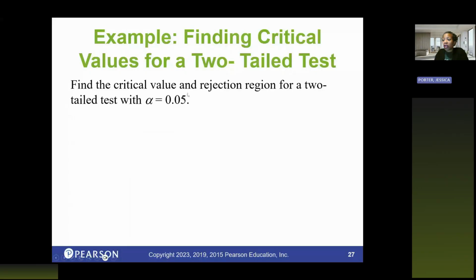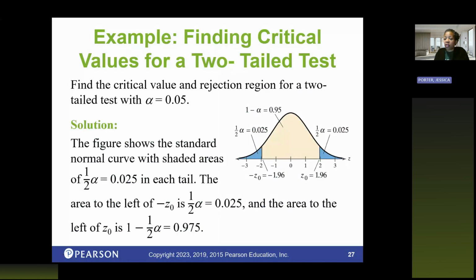Find the critical value and rejection region for a two-tail test with alpha equals 0.05. So we can use the formula here. Half times alpha is 0.025 in each tail.